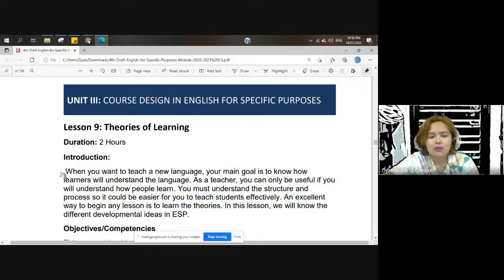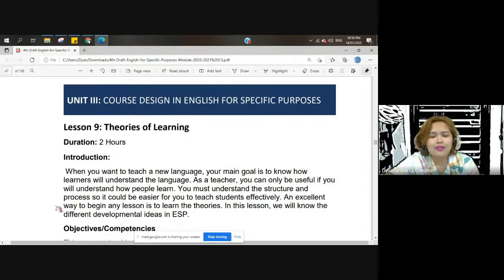Now, when you want to teach a new language, our main goal is how learners will understand the language. And as a teacher, you can only be useful if you will understand how people learn. You must understand the structure and process, so it could be easier for you to be the bridge between you and your students. So it's very important for us to know the language.